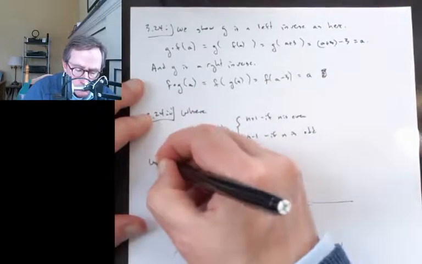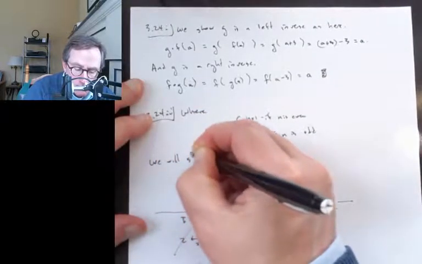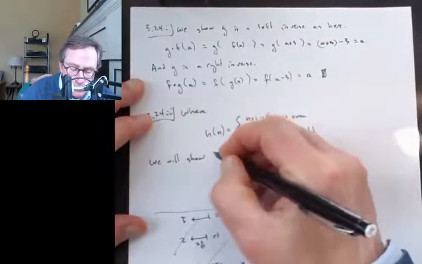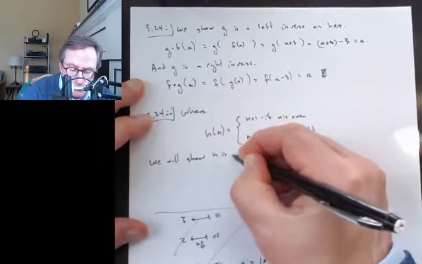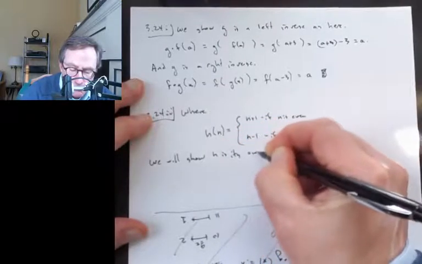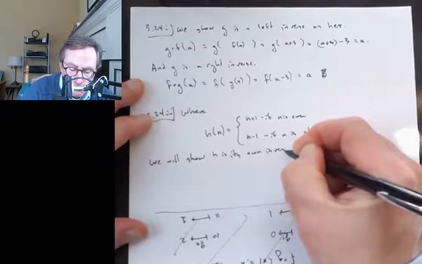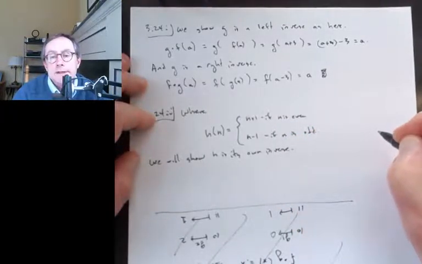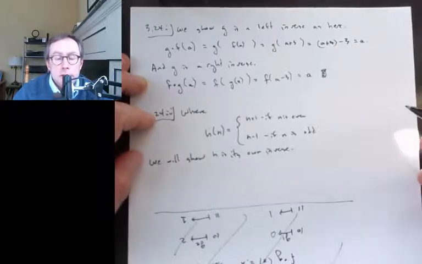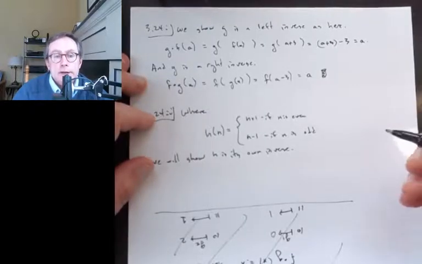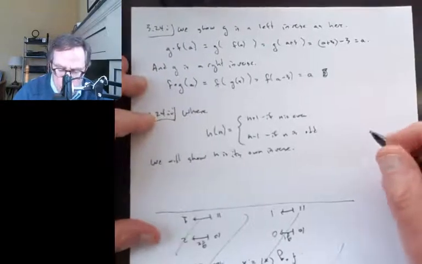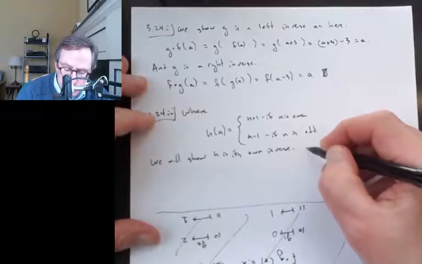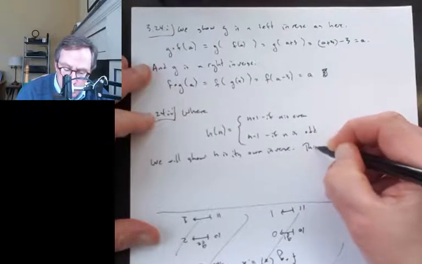So we will show h is its own inverse. There are some functions that are their own inverse. An example in calculus is if you look at positive reals and you look at 1 over x. Well, 1 over x takes you back to x.